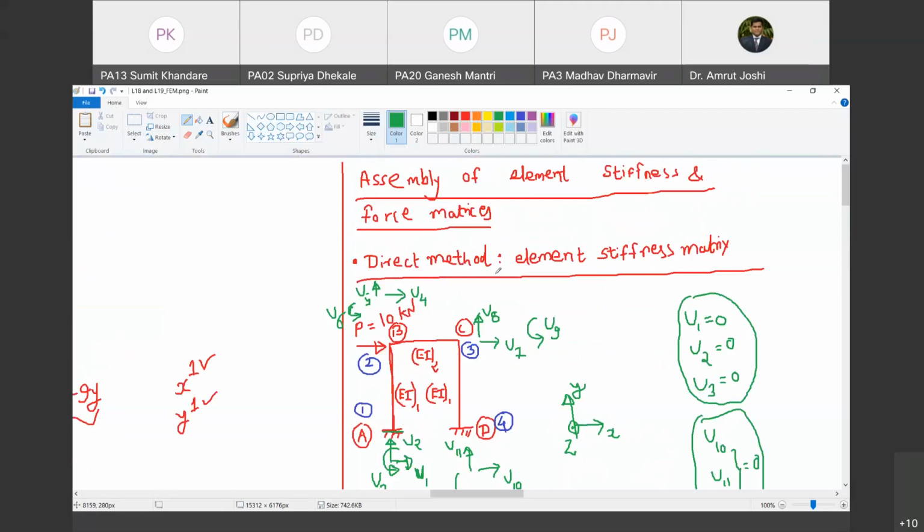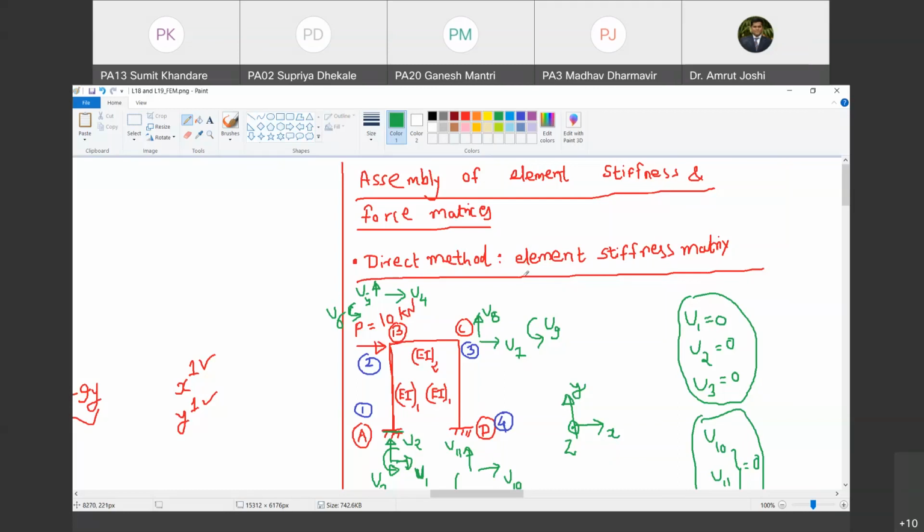Yes, sir. I will consider displacement only at nodes as unknowns. See the philosophy. I'm going to consider displacement only at nodes as unknowns. So initially we had infinite displacements as unknowns. Now we have finite displacements as unknowns. Are you with me? Yes, sir.